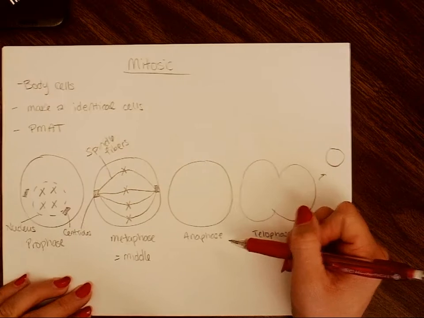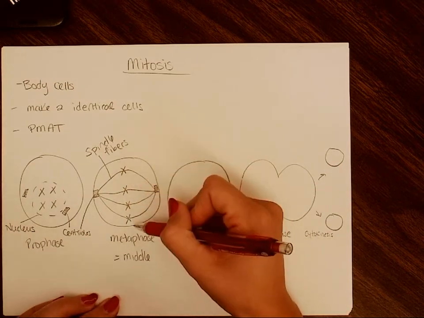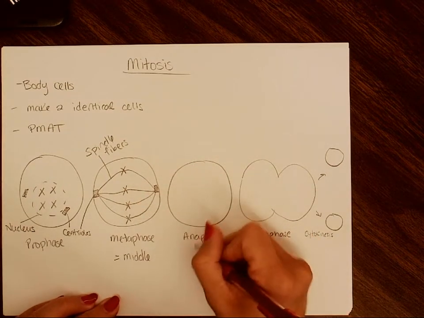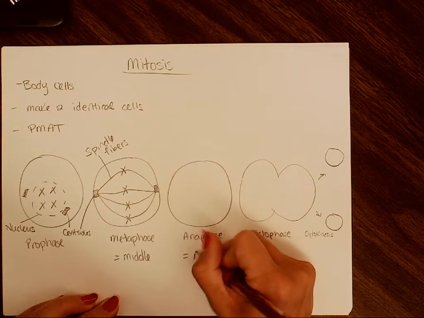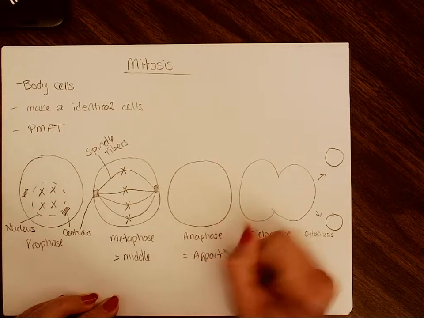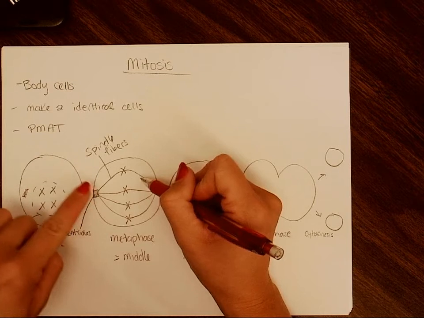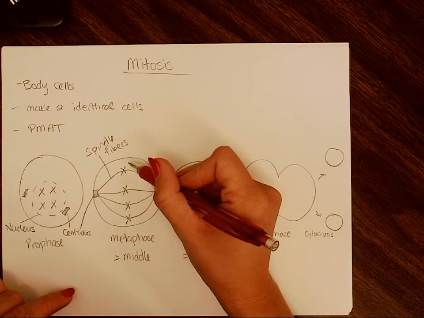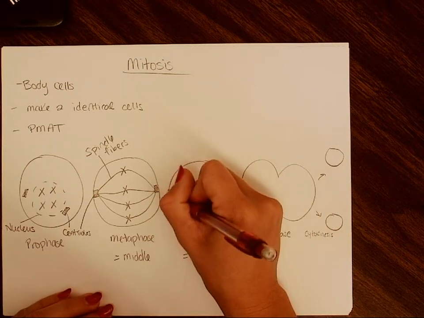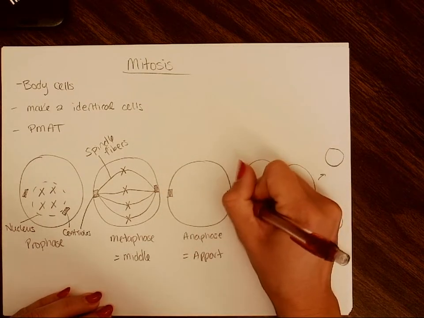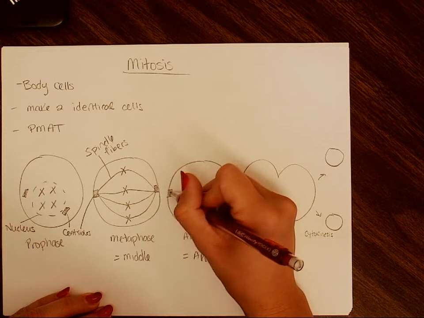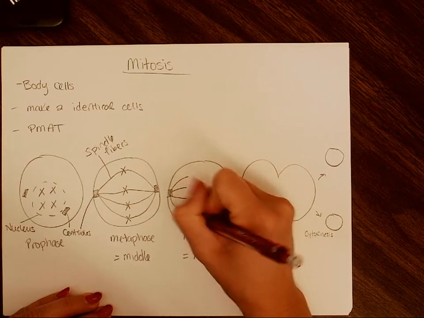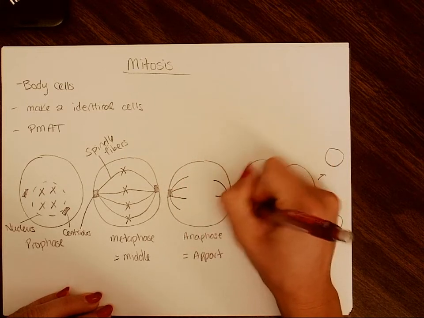In our next phase, anaphase, these chromosomes are going to be pulled apart. So ana is apart. The tug-of-war action going on between these chromosomes is going to split them into the sister chromatids. We still see that the centrioles have these spindle fibers, so we're going to draw these here.